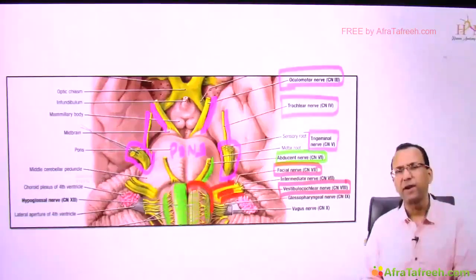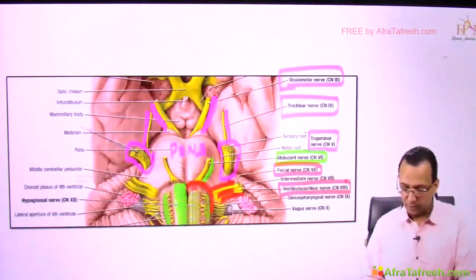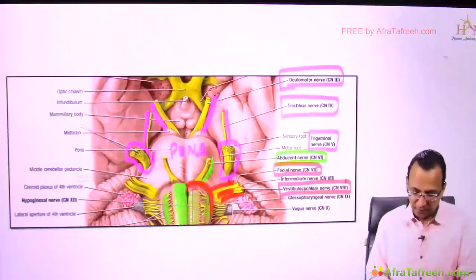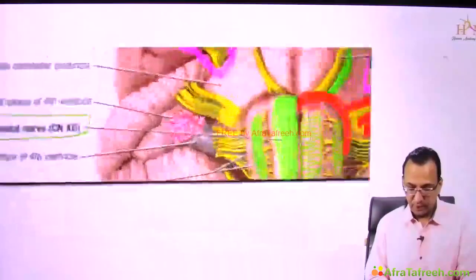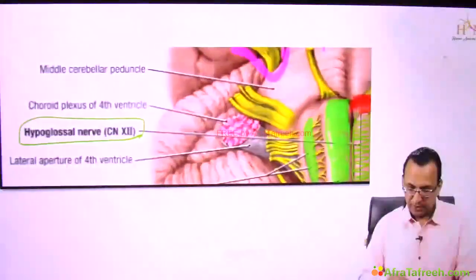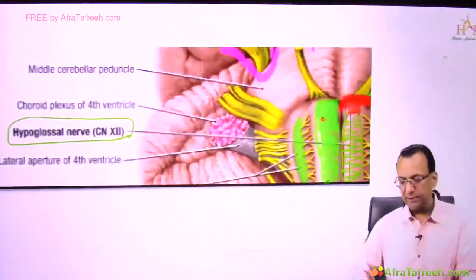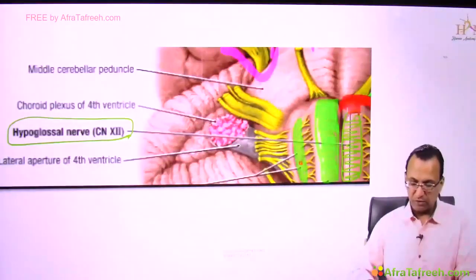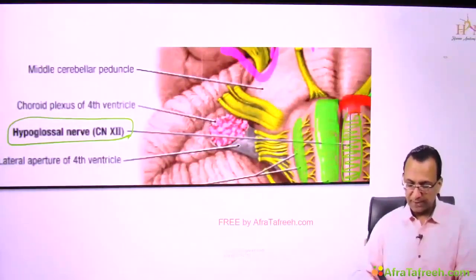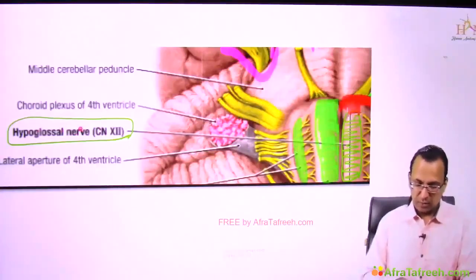What is between pyramid and olive is a question, and you tell that between pyramid and olive is the 12th nerve. If the pyramid is on the anterior side of the medulla oblongata, and the olive is slightly posterior, sandwiched between the two is the 12th nerve, then what is behind the olive?